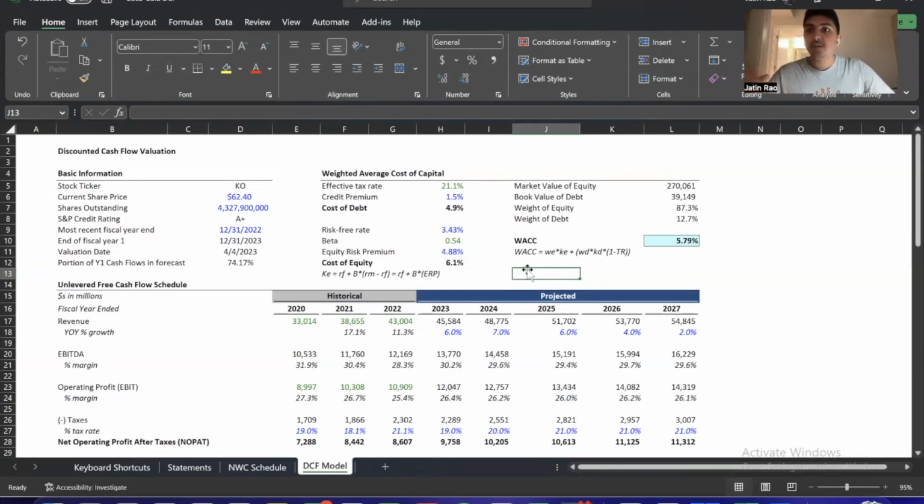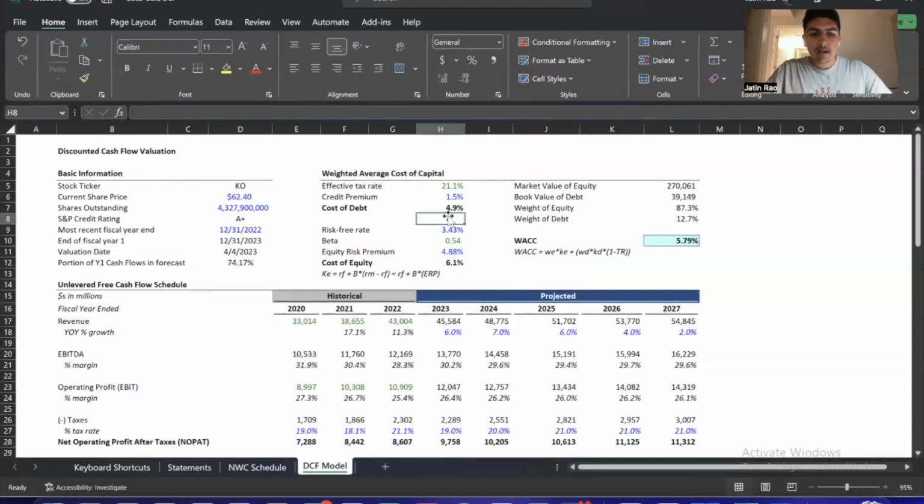It is the expected return of cash flows to debt investors. And what is the cost of equity? It is the expected return of the company's equity to the company's equity investors. So what does that mean? I keep saying this, but it's very important that you understand the fundamentals.